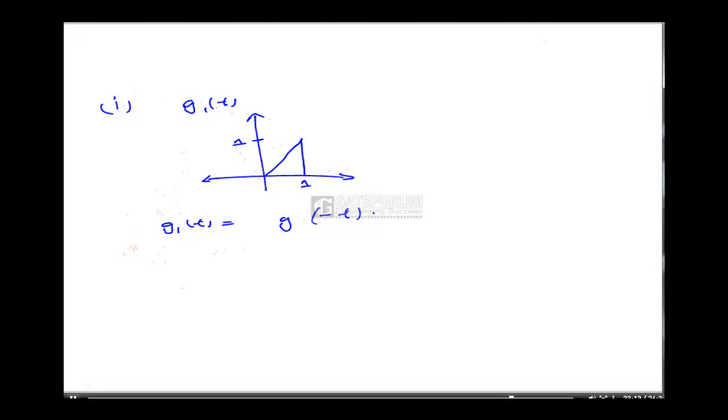So my G1 of omega will be 1 by omega square, e to the power minus j omega plus j omega e to the power minus j omega minus 1. Okay, this one will be my G1 of omega.